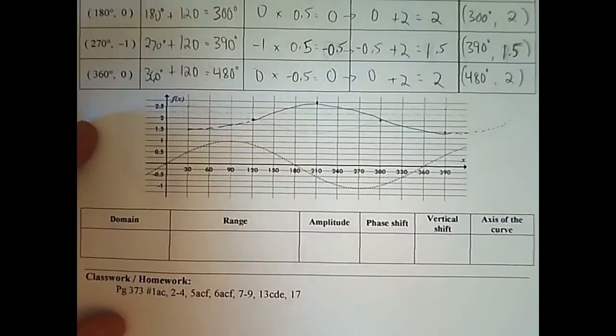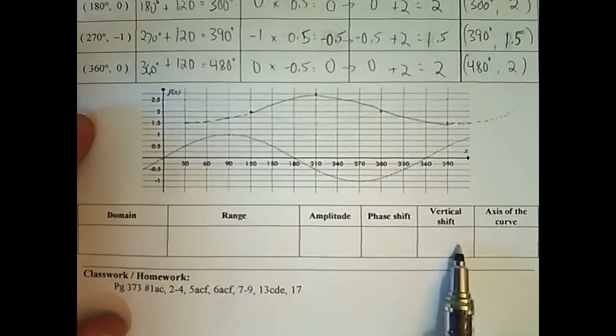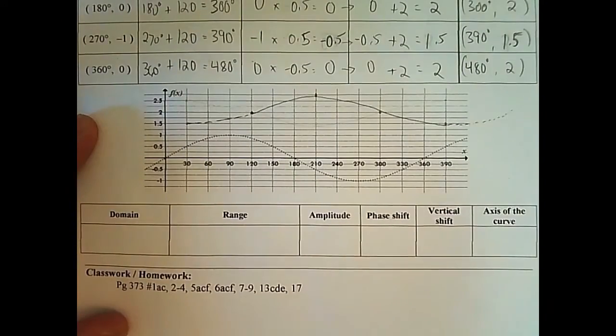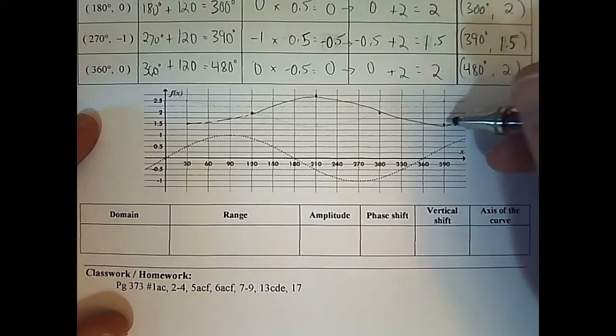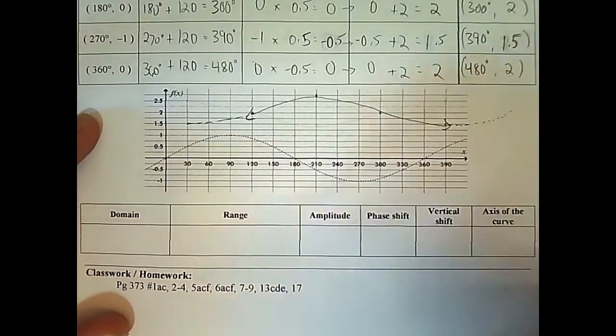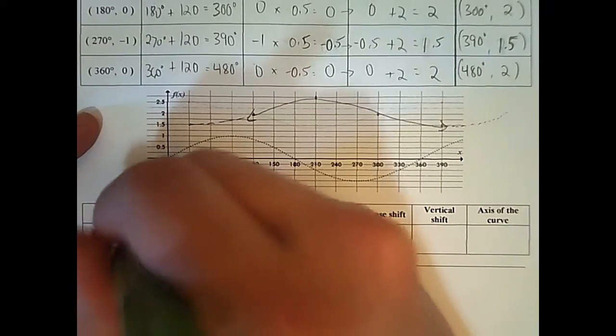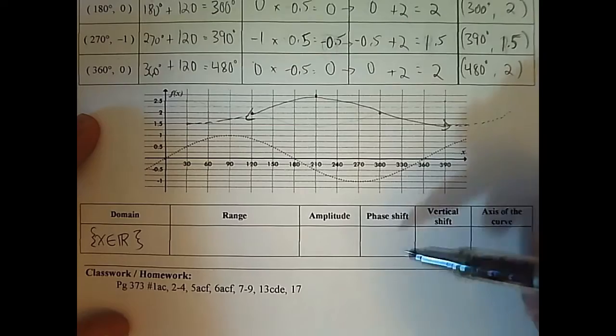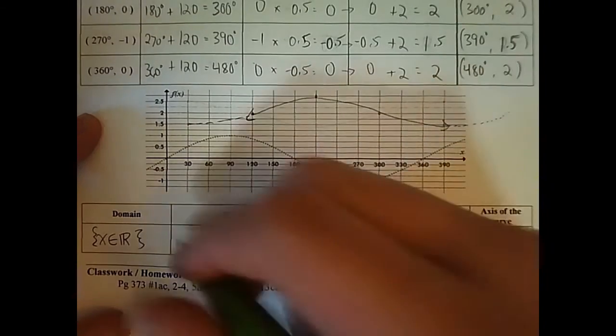So let's talk about the domain, range, amplitude, phase shift, vertical shift, and axis of the curve. So again, I forgot my arrows, but the domain is any real number. Our range, well, what's the lowest and highest points?